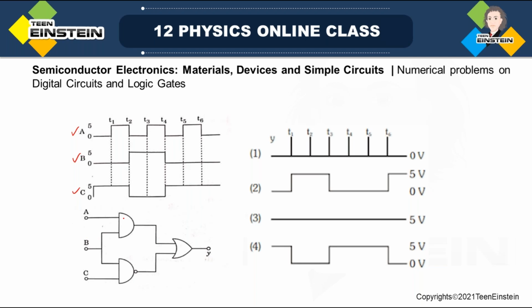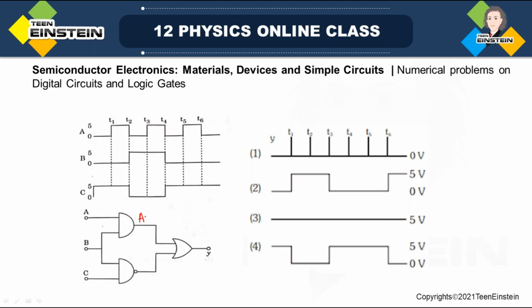Let us find out what the Y output is. What should be Y or output here? Let's write it here. So this is an AND gate that we can see very nicely, and this is finally an OR gate. So for this AND gate, what is the result?